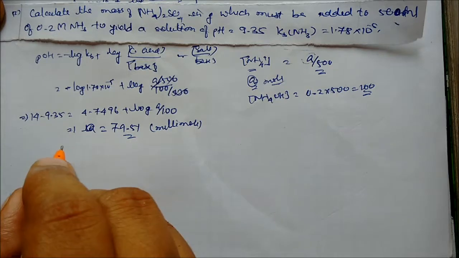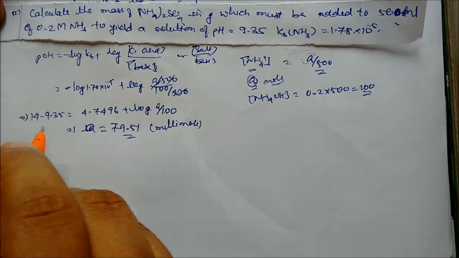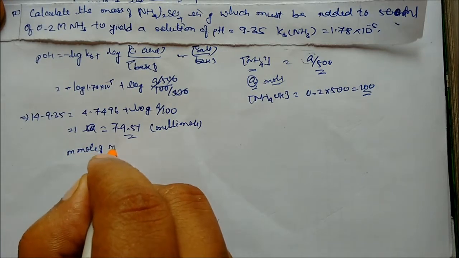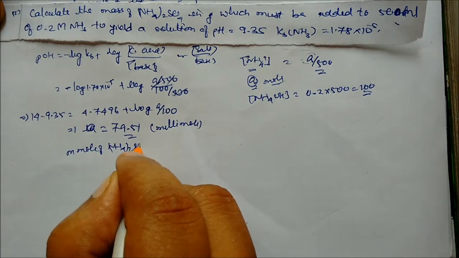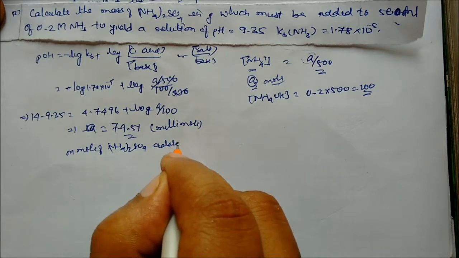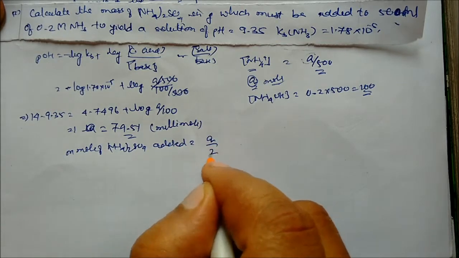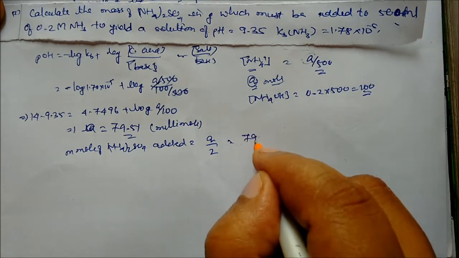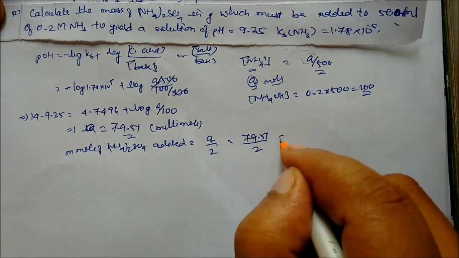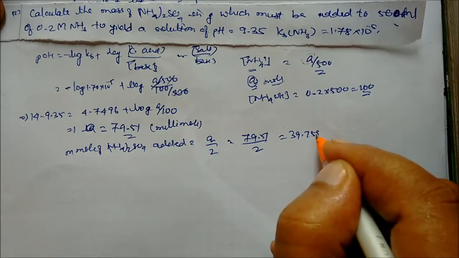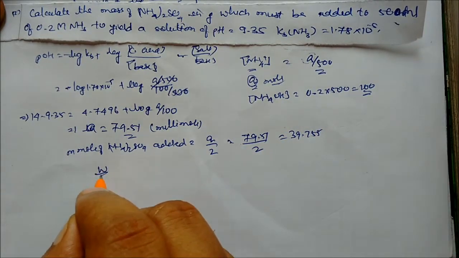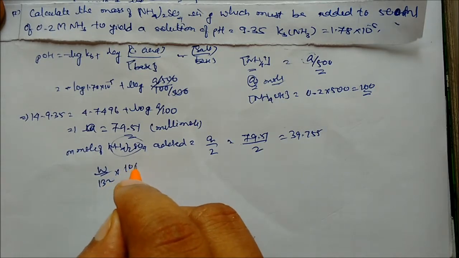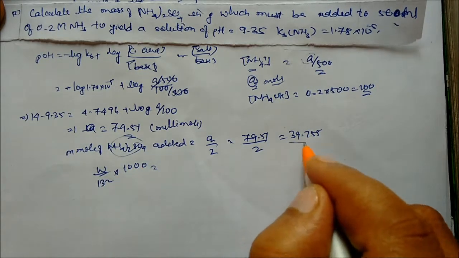Okay, so again, the millimoles of ammonium sulfate added will be A by 2 because the n factor is 2. So 79.51 by 2 will be 39.755. And again, we know the molar mass of ammonium sulfate is 132.